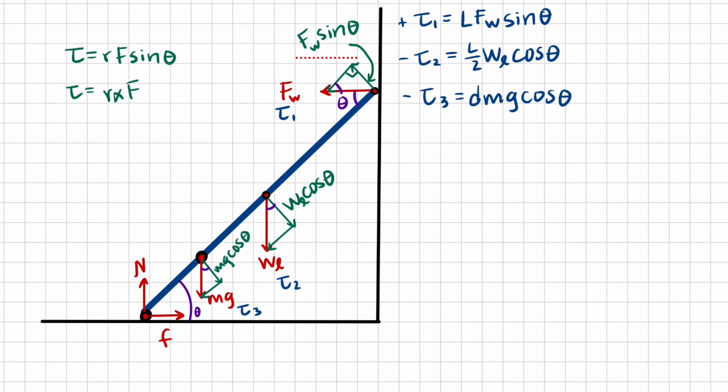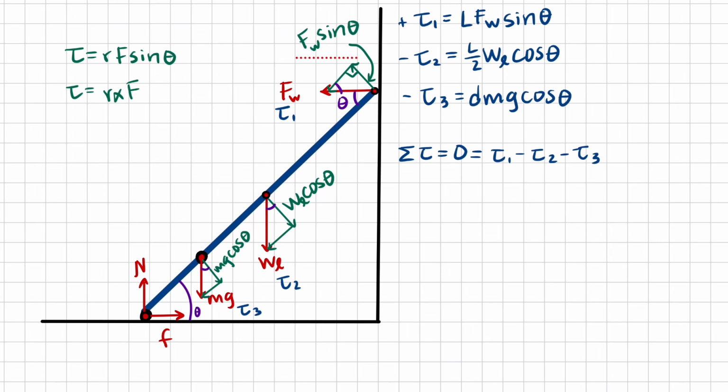So then I know when I apply the second condition for equilibrium, sum of the torques is equal to 0, which would be torque 1 minus torque 2 minus torque 3. Because of these signs. Now I can rearrange my equation, because I am trying to solve for the force of friction.